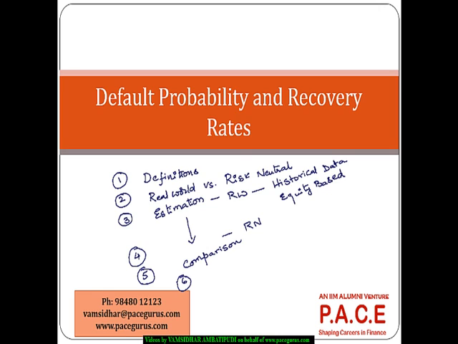Finally we would bring in the concept of recovery rates. How do I link them? What are the important aspects of recovery rates? How do I link them with the default probabilities? So these are the major contents that I'm going to take up as a part of this particular session. So let's get started.